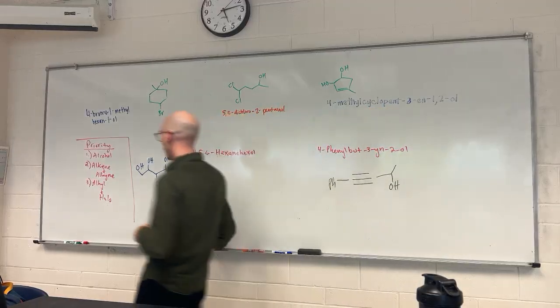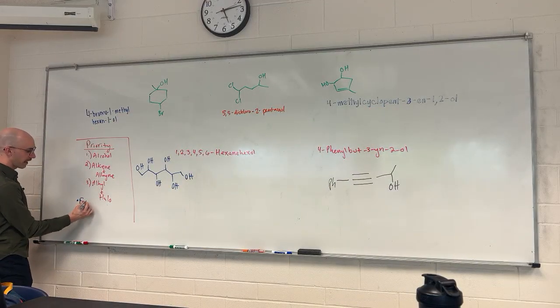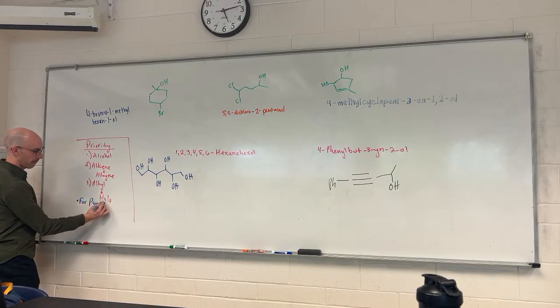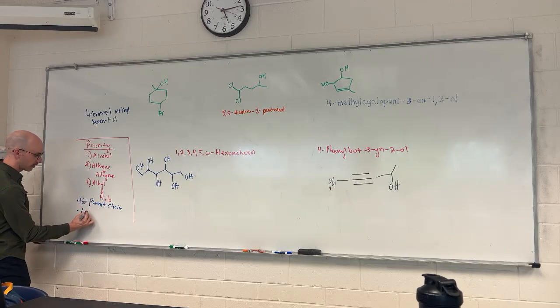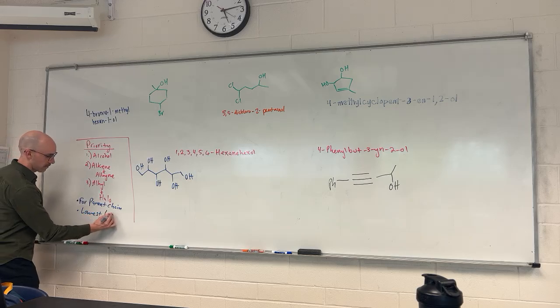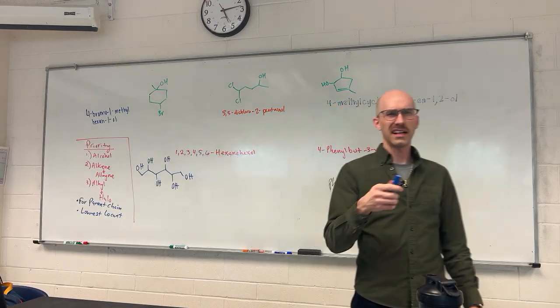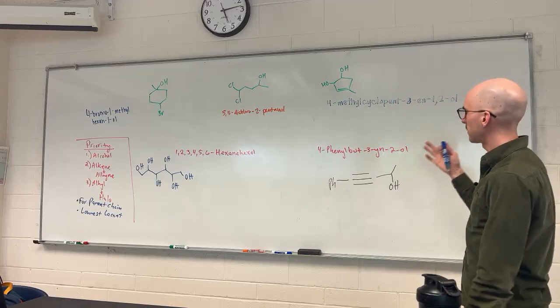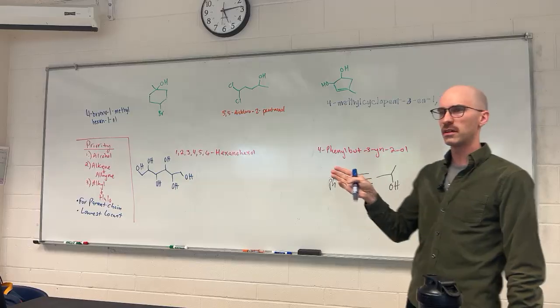So those would be the 2 points. This is priority for parent chain and priority for lowest locant. That makes sense, right? I think I've said this before, but it's actually not well illustrated in any of these examples.